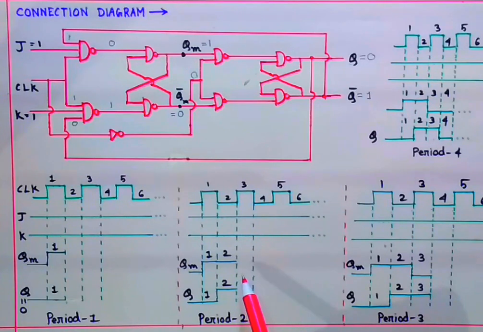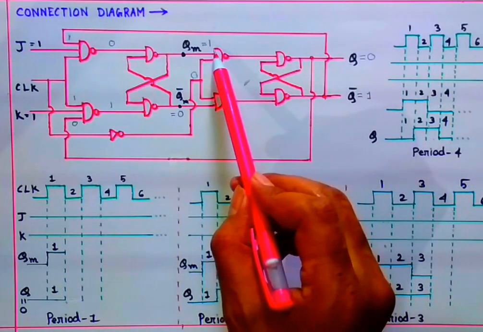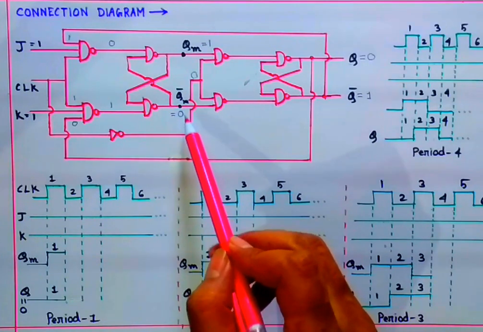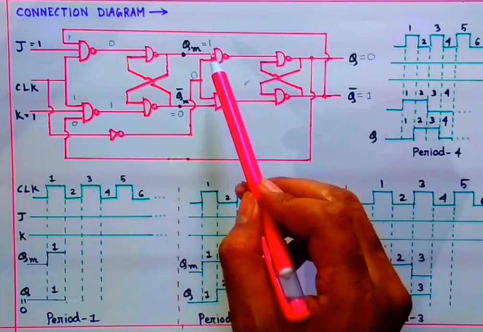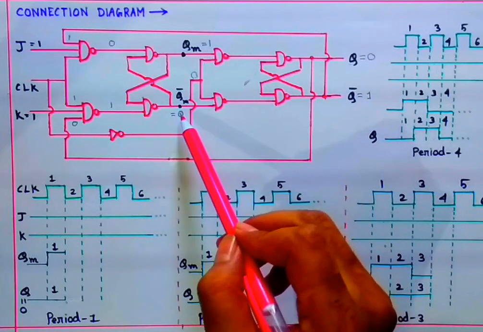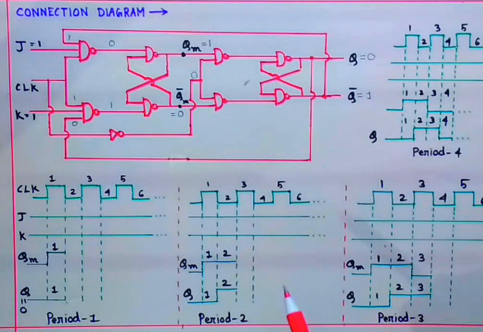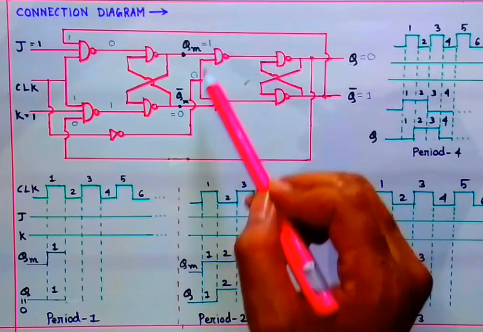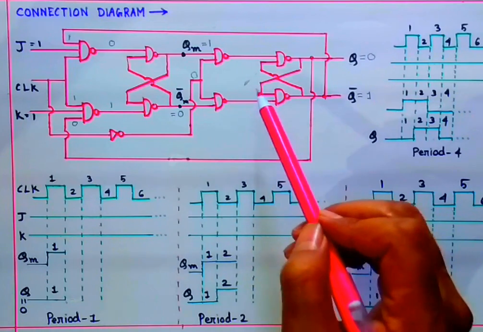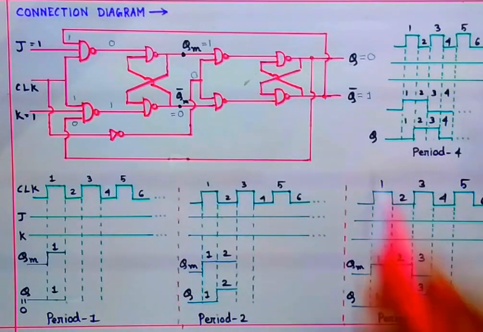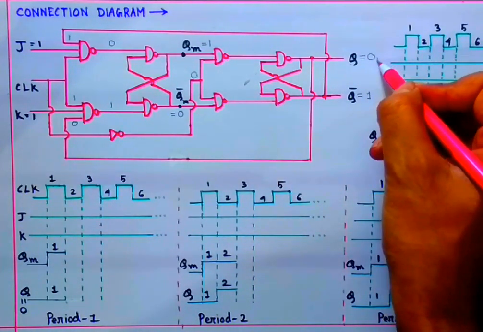So what will happen to the output Q during period 2? Now you can see that if QM is 1, then obviously QM bar is equal to 0. Now we are giving 1, 0 input to this JK flip-flop, and we know that for the input pattern 1, 0, the output of the JK flip-flop is 1, 0.